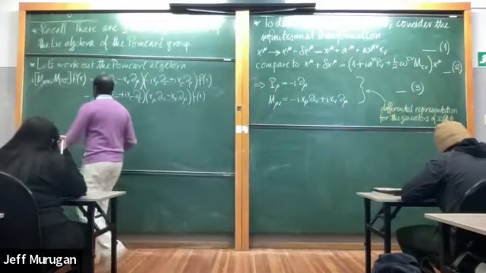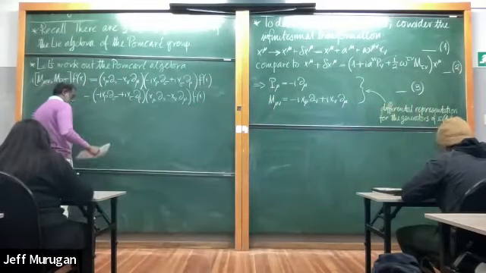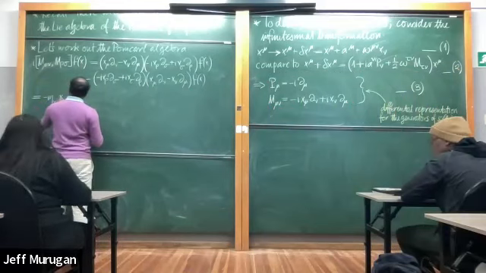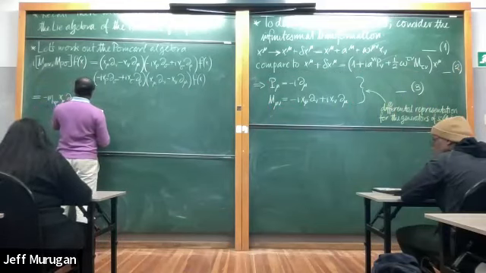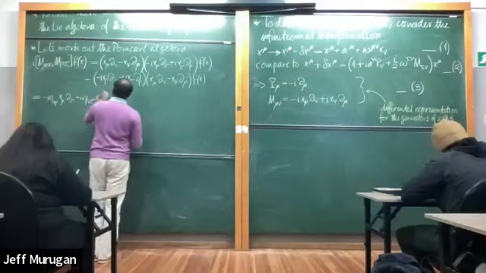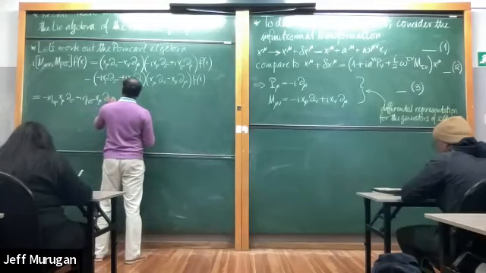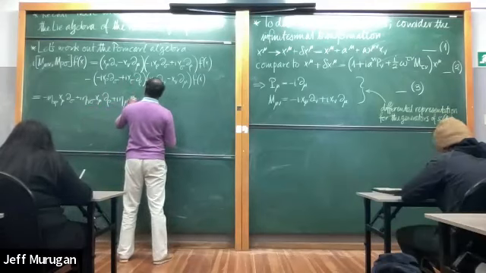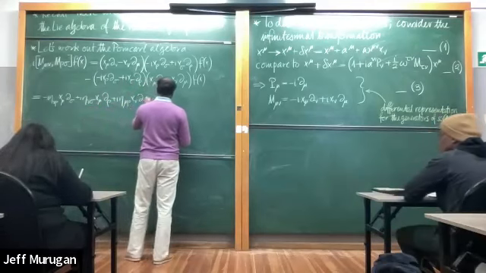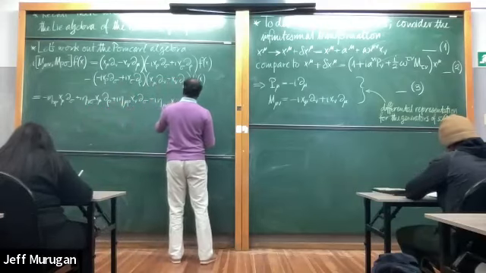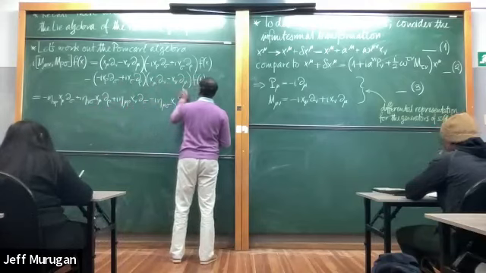So the result is minus i eta nu rho x mu d sigma plus i eta nu sigma x mu d rho plus i eta mu rho x nu d sigma minus i eta mu sigma x nu d rho.